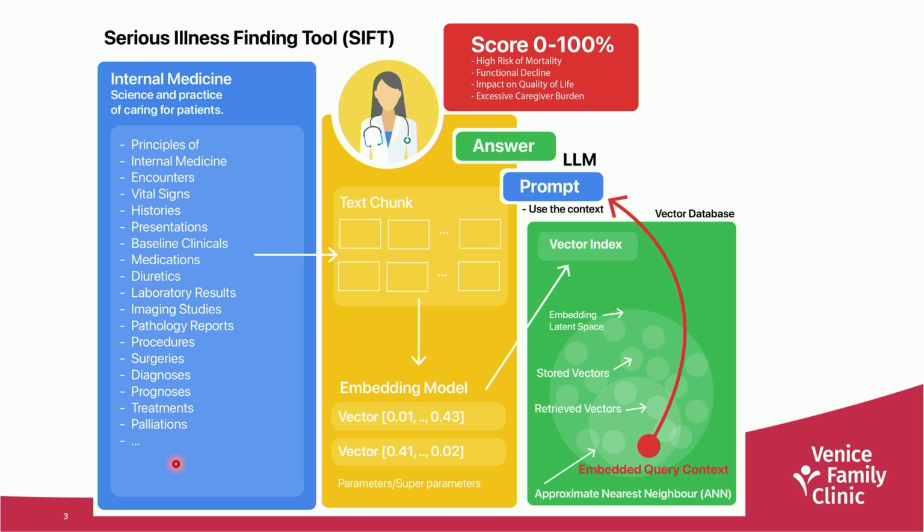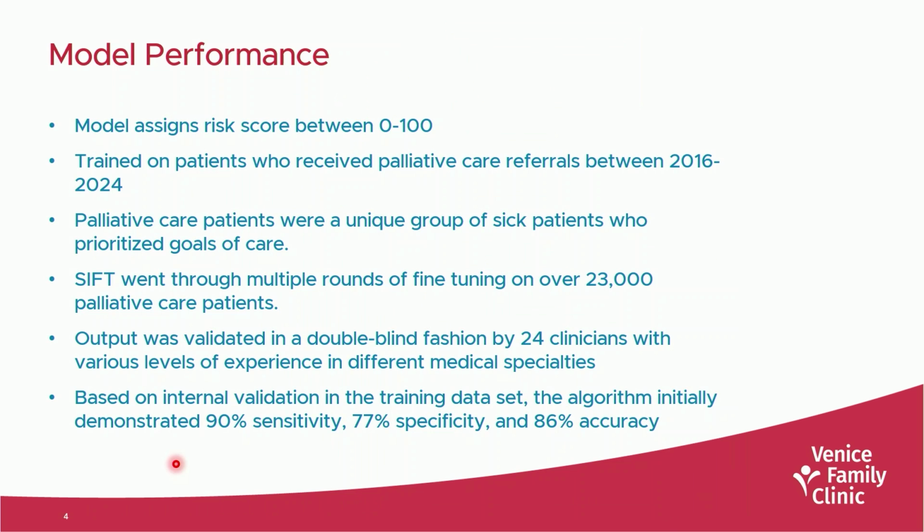And the way that an end user interfaces with it is through prompting an LLM and fine-tuning the output over time. And then after going through the LLM, it'll give you a score between 0 and 100 for the mortality risk of the patient, functional decline, quality of life metrics, and caregiver burden. So things that a palliative care doctor would be interested in.